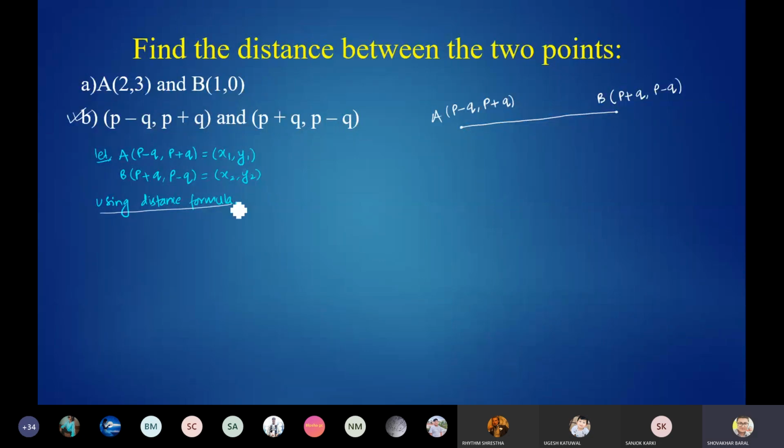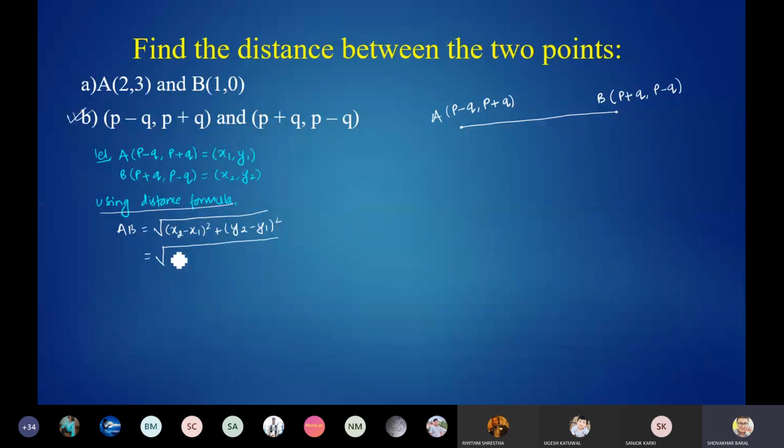Using the distance formula, AB is equal to root over x2 minus x1 whole square plus y2 minus y1 whole square. Be careful while replacing the values here because it is given in the form of sum and difference.